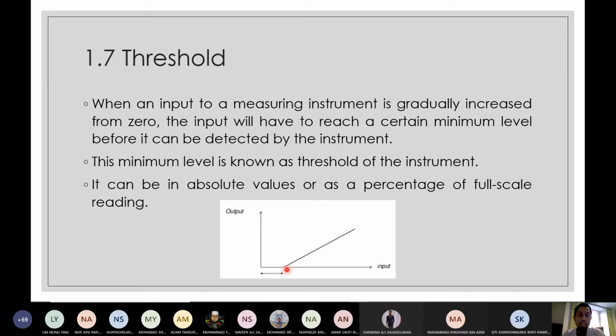It requires a certain value first. After this value, only then it starts to measure. So this gap here, we call it the threshold value, the minimum level before the instrument starts to measure. This is the starting point. The range between 0 to this point is called the threshold. That will depend on the equipment. Later on, when we see the equipment, you will understand more about threshold values.